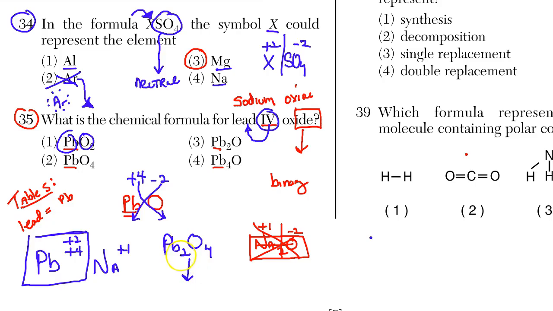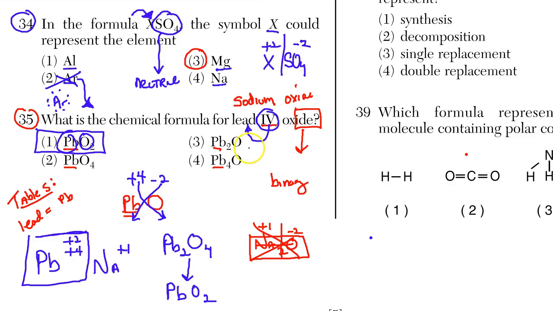You need to reduce to lowest terms, because what this really is, is how many lead +4 ions are in a crystal of oxygen negative ions. So you've got to reduce this. So this is going to become PbO2, and that is the answer.